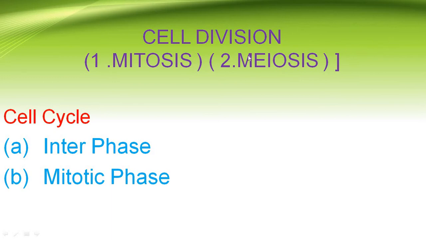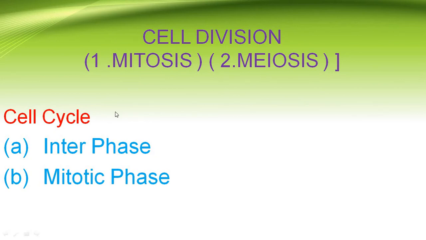Mitosis will help in growth and repair of the tissues of living organisms, and meiosis will help in production of gametes, reproduction, and it will form the four daughter cells. That is the meiosis process of cell division.